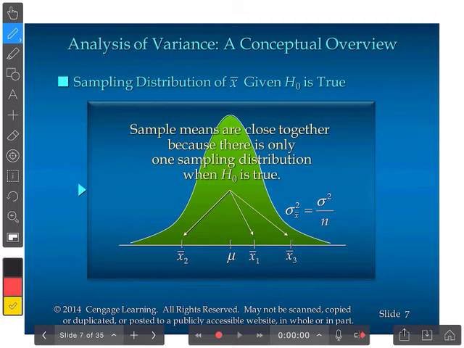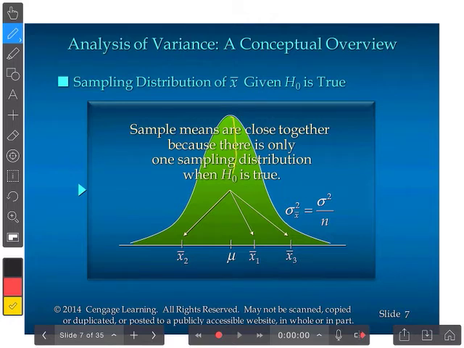So we have a population, as you can see in this diagram, and if H0 is true, then there's just a single population and all the means came from the very same population. In other words, the means are all the same. If the means are all the same and the standard deviation is the same, then clearly there's just a single distribution.